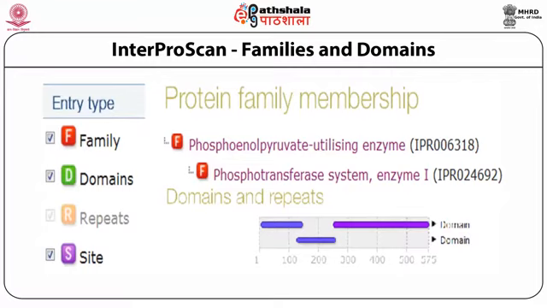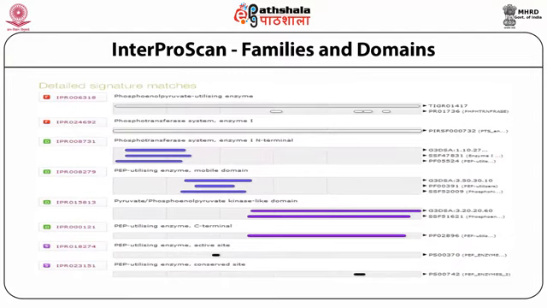The name of the protein family is phosphoenolpyruvate utilizing enzyme. There are 3 domains and 2 sites in this protein. The first domain is phosphotransferase system N-terminal. The second domain is PEP utilizing enzyme mobile domain.